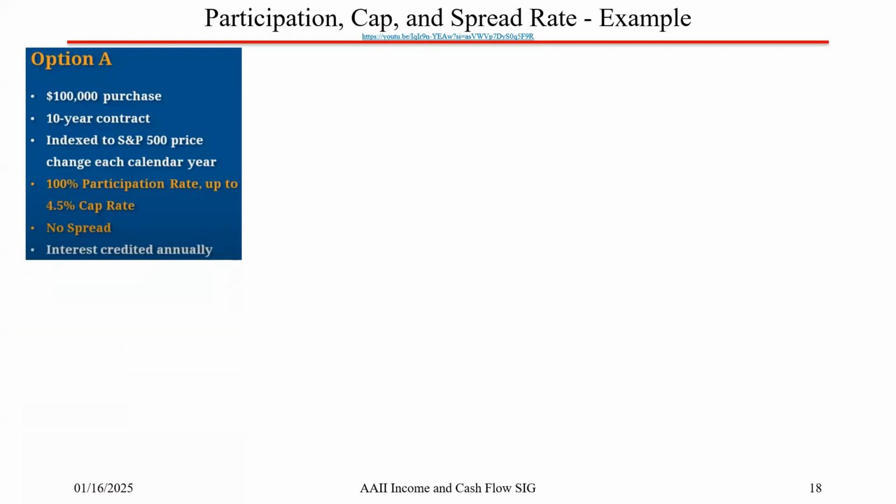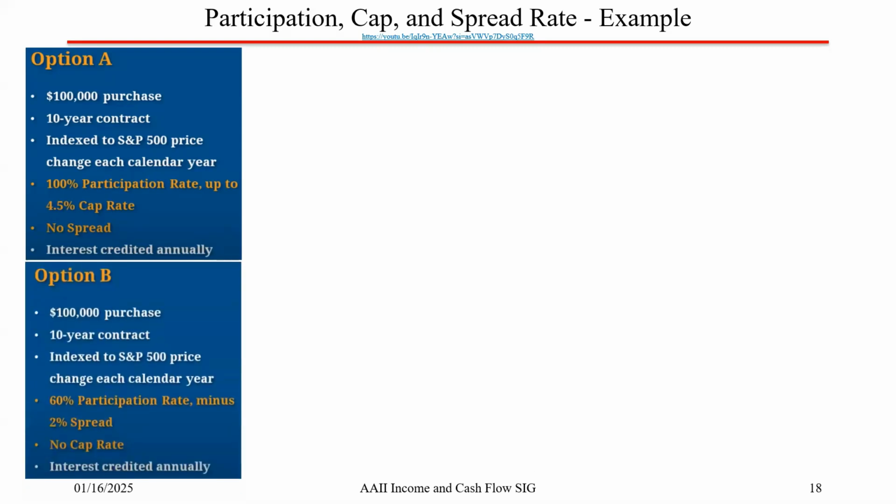And interest is credited annually. Option B is pretty much the same, except the participation rate is only 60%, and no cap, but it has a 2% spread. So the difference here is participation, cap, and spread. Which option would you choose?